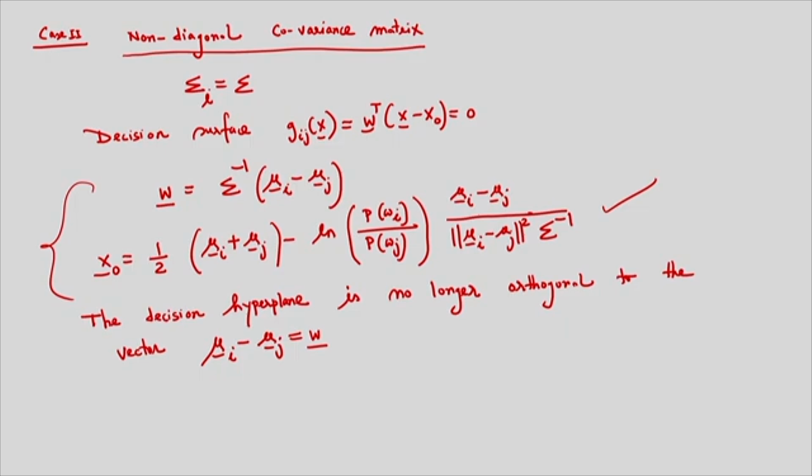Now let us consider the classifier called the minimum distance classifier, which is based on the concept of the discriminant function. So how do we develop the theory for the minimum distance classifier? Let us discuss the minimum distance classifier in the next slide.